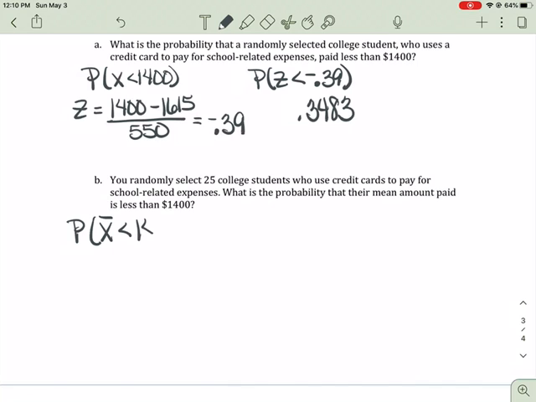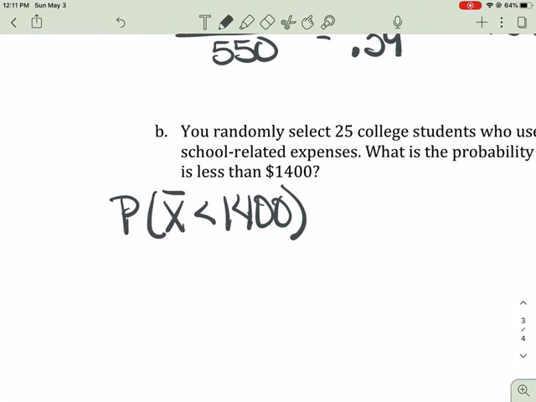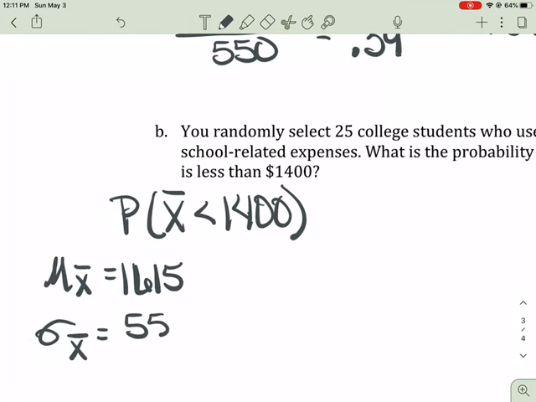We're finding the probability of X bar being less than 1,400, converted to a Z. Oh, wait, before I do that, we have a different standard deviation. Our mu of X bar is still 1615, but now we have sigma X bar, which would be 550 over the square root of 25. So we have a different sigma here, which is 110.